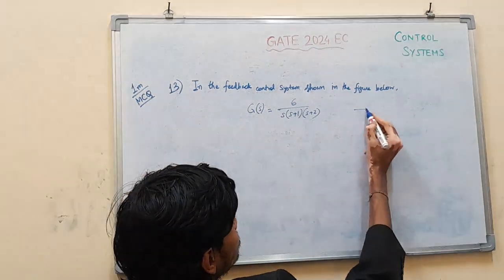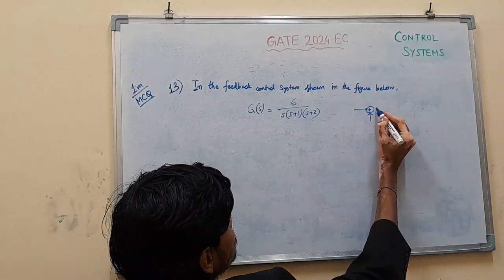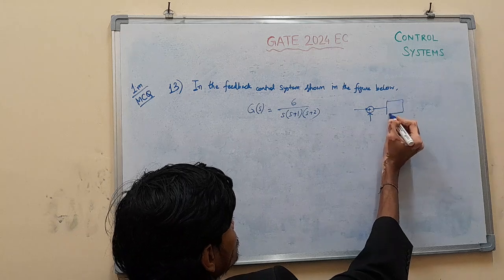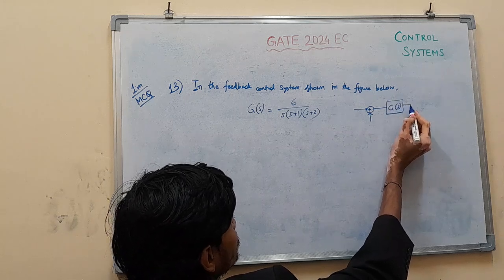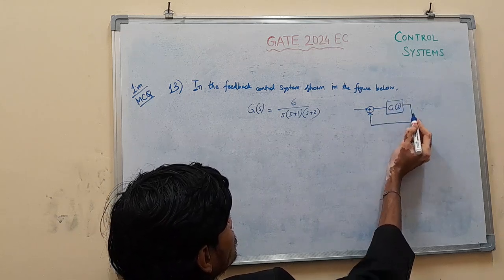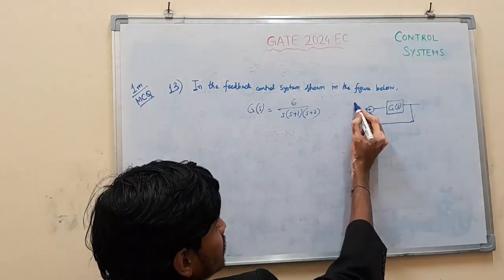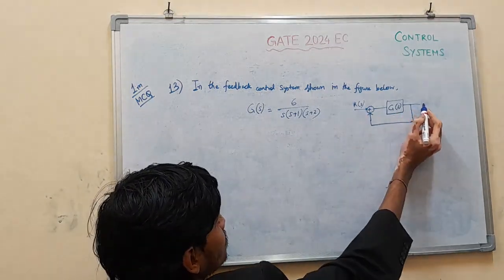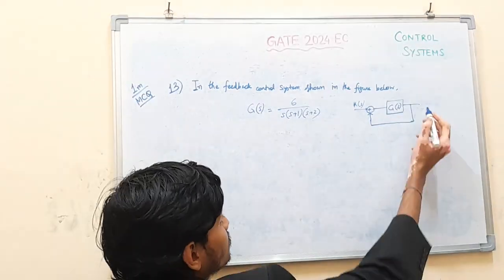This is shown like this, with unity feedback, R of S and this is Y of S.